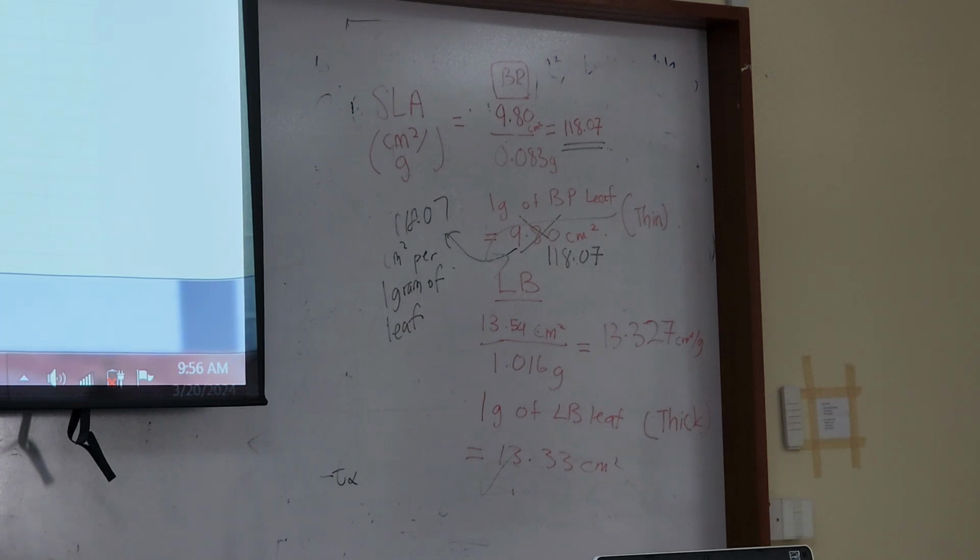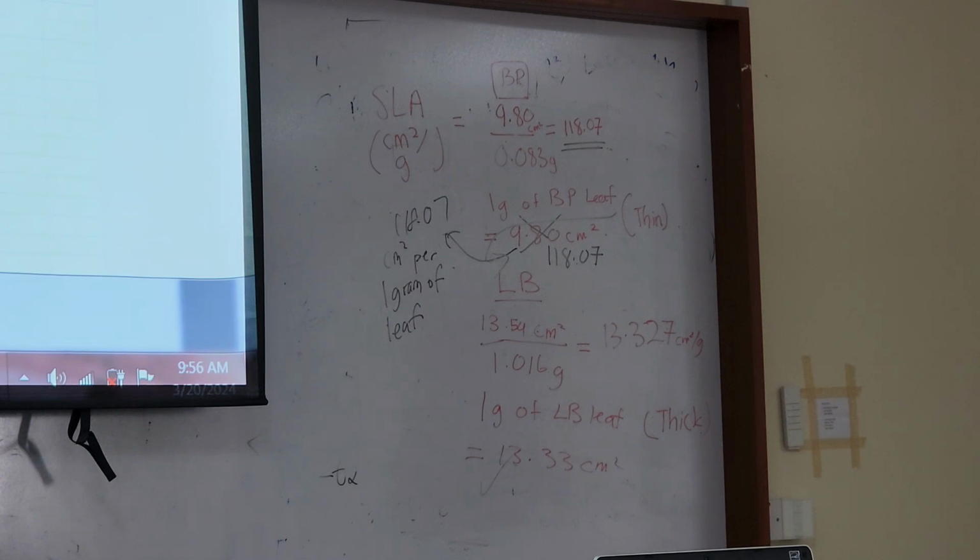Ada 2 nombor. Thinnest or thickest? Sebab kalau ikut yang kita orang rasa, yang ni paling tebal. Okay, paling tebal, yang paling nipis? Macam ni. Okay. So, your feeling ranking tu agree tak dengan SLA, SLW?